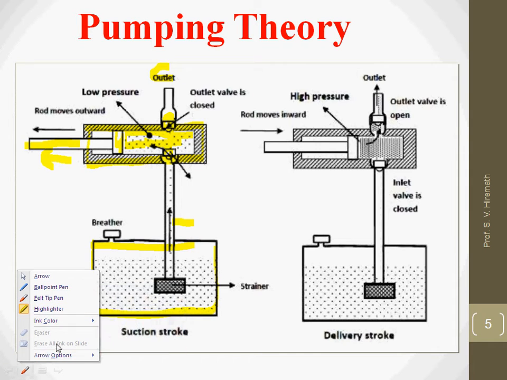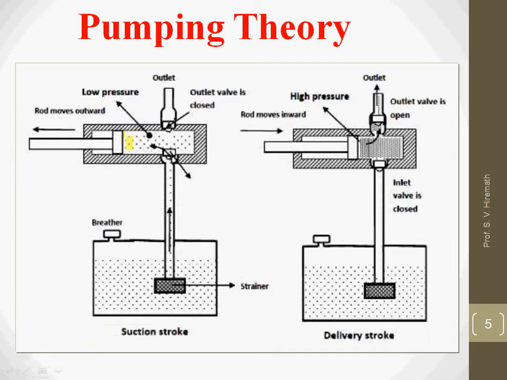Whenever the piston moves towards the left side, obviously I will be getting the increase in the volume. This increase in the volume is going to reduce the pressure compared to what? Compared to the atmospheric pressure, whatever that is acting on the surface of this reservoir, right?